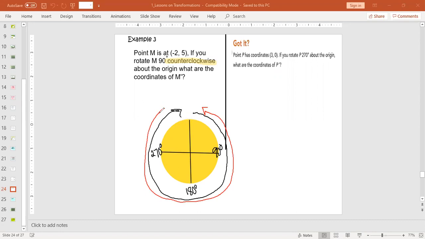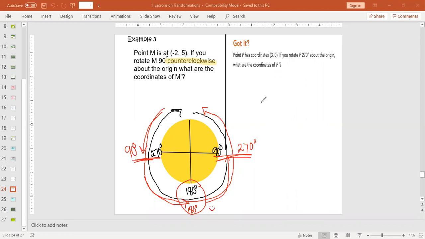So counterclockwise 90 degrees is the same thing as clockwise 270. Counterclockwise 180 is the same thing as 180. So these are the same. We like these. It's like the song, full 180. Counterclockwise 270 is the same thing as clockwise 90. So we can always do that.